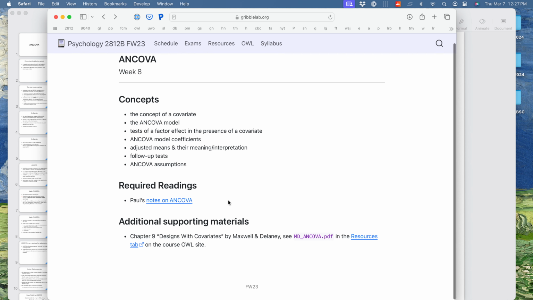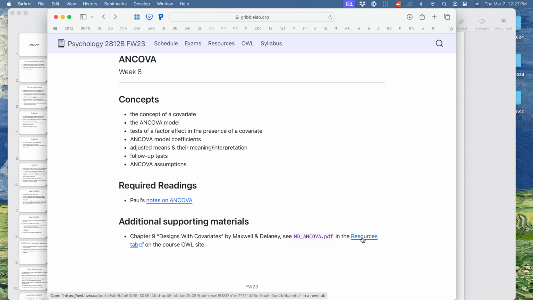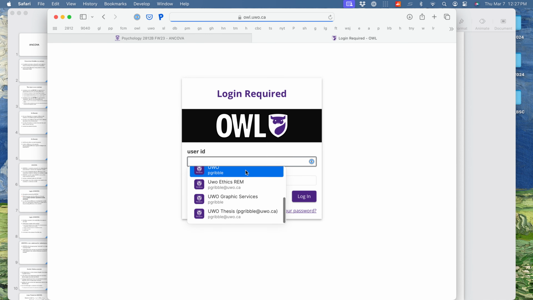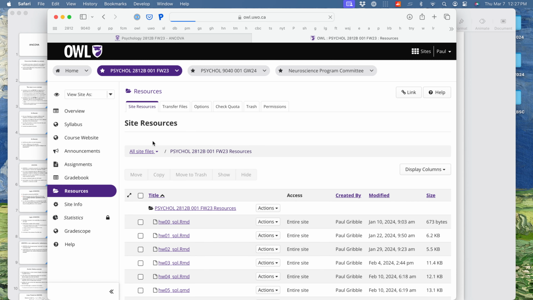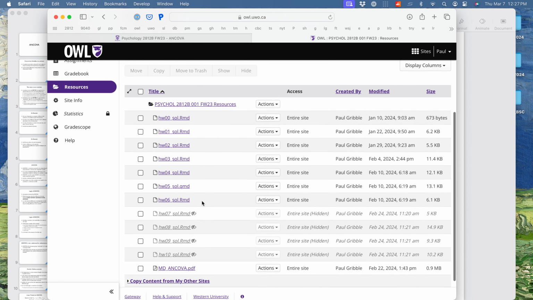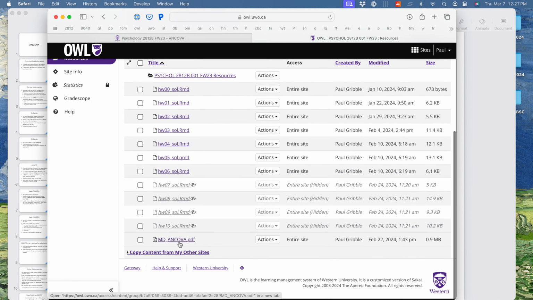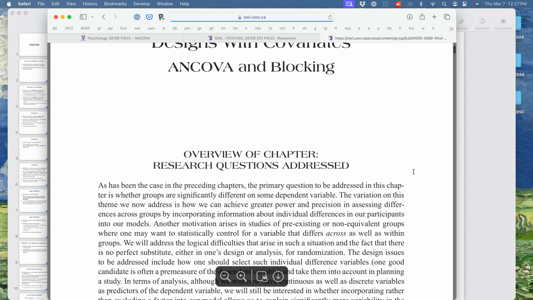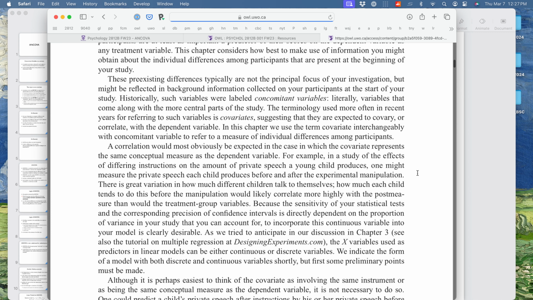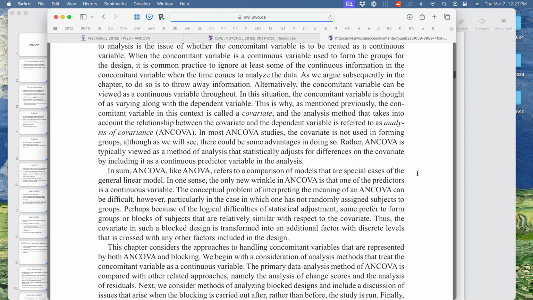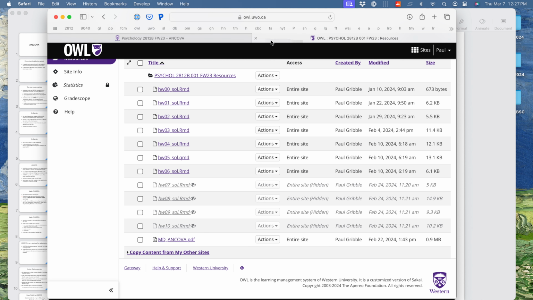I did put a link to a chapter of a textbook by Maxwell and Delaney. I'm not allowed to put it on the web page because that's public. So instead, it is located in the Resources tab in OWL on the website for the course. If you go down to Resources, it is down here, MD ANCOVA. It's chapter 9 of this book, and it goes through the main concepts of ANCOVA. It's a little more of a sophisticated presentation.